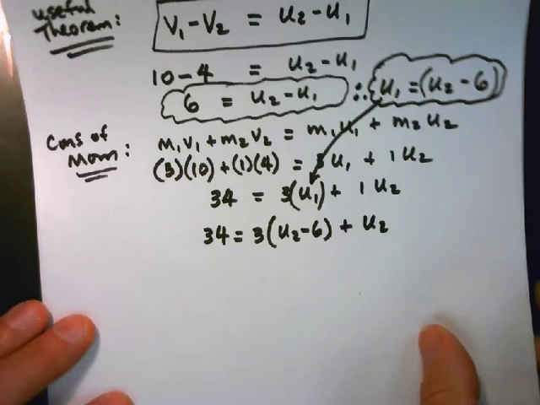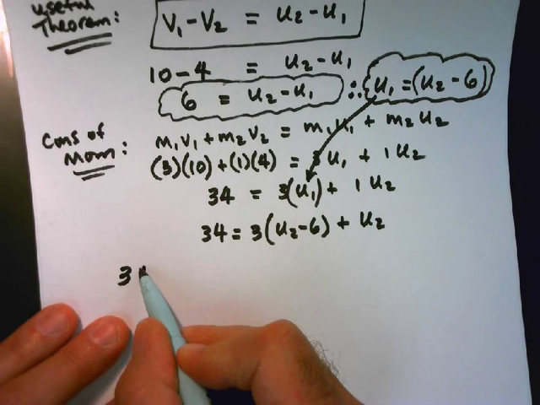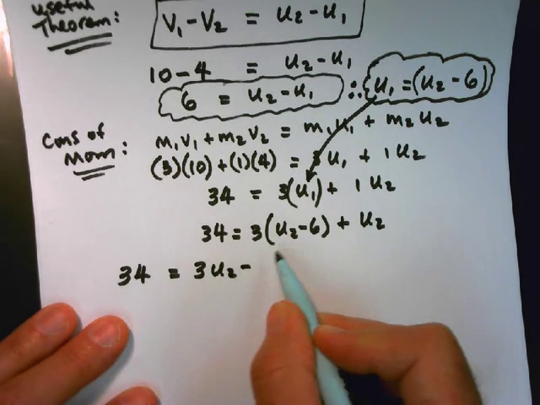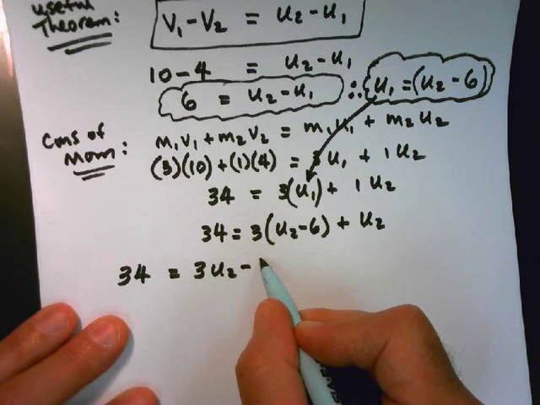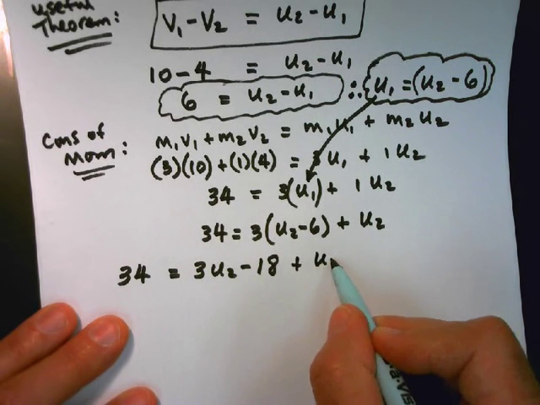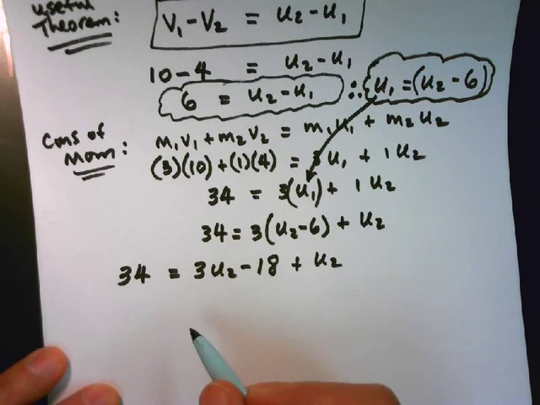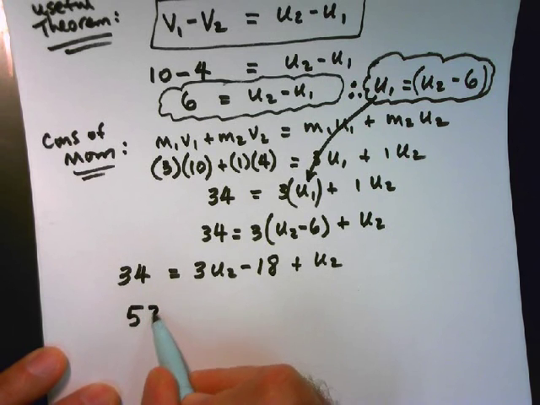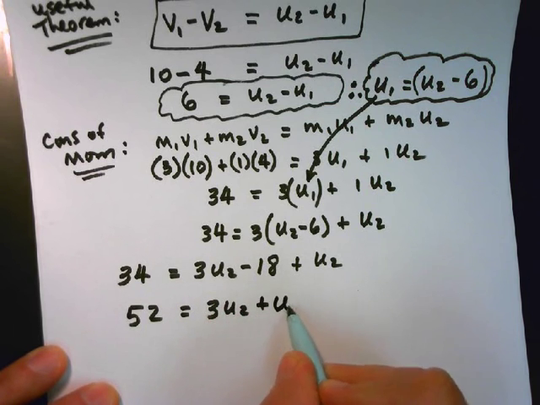Now just doing the math, let's simplify it. I'll expand this out: 34 equals 3u2 minus 3 times 6, which is minus 18, plus u2. We'll add 18 to both sides. We get 34 plus 18, that's 52, equal to 3u2 plus u2.